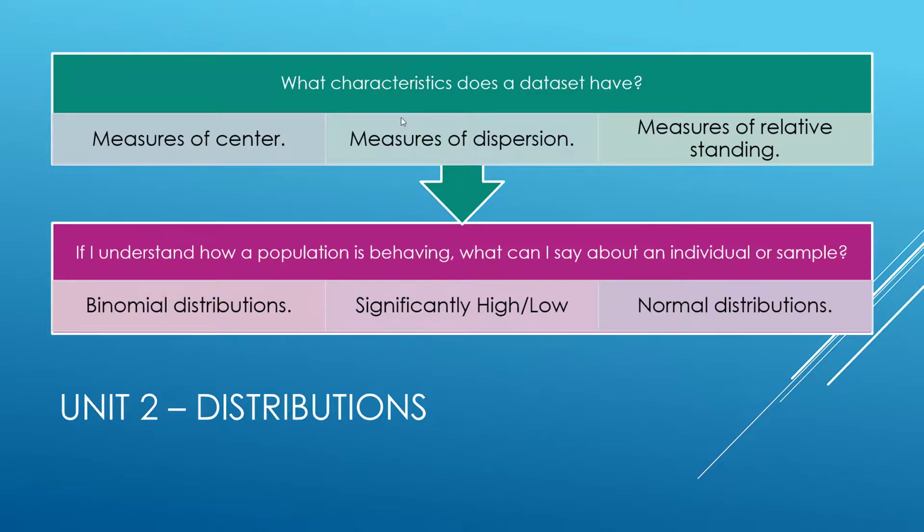We started getting into binomial distributions. We started doing normal distributions. For individuals, we had our z-scores. We had the adjusted z-scores for samples. That was the central limit theorem. And we also started broaching the idea of being significantly rare, either significantly high or significantly low.